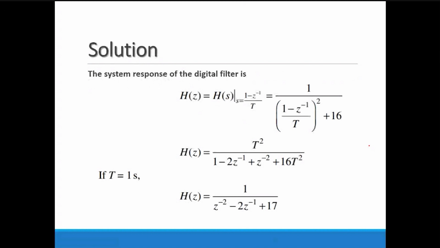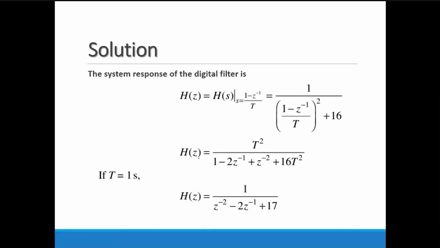Okay, so the system response of the digital filter is given as H(z) is equal to H(s), where we are taking the mapping function s is equal to (1 minus z inverse) divided by T. So in the original equation, we replace this value of s with this mapping function (1 minus z inverse) divided by T. So when you apply this and solve this, you are getting 1 upon ((1 minus z inverse) square divided by T square) plus 16.